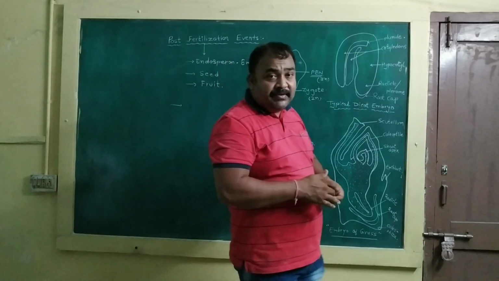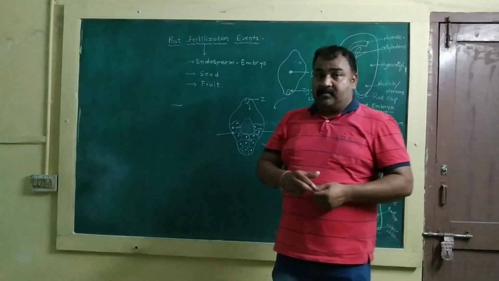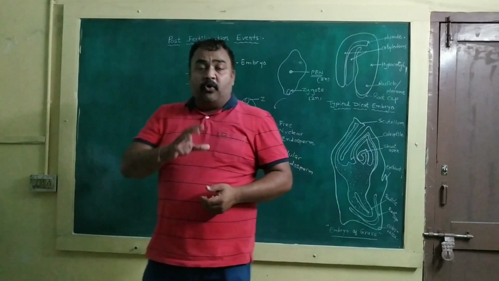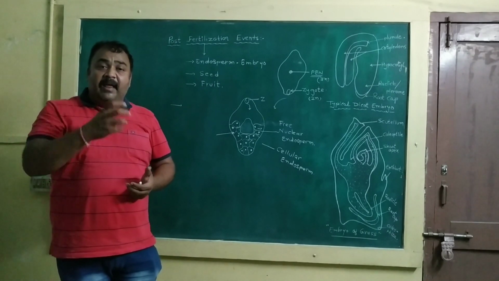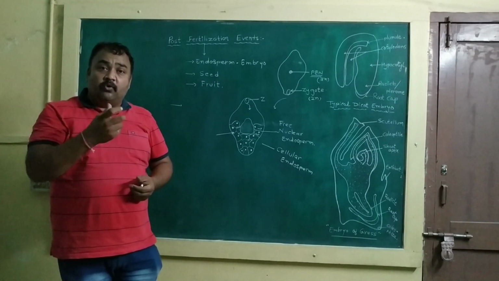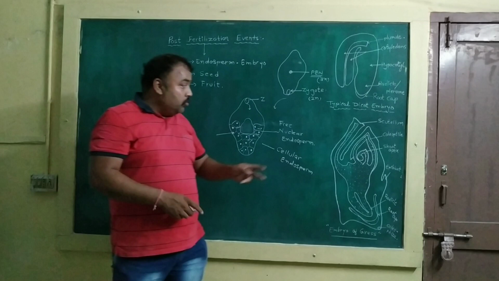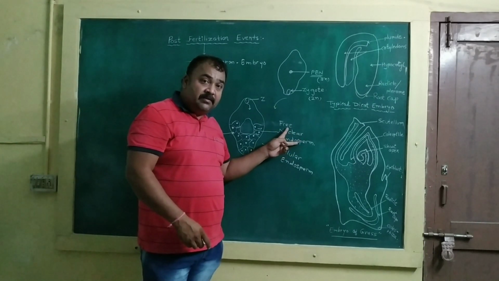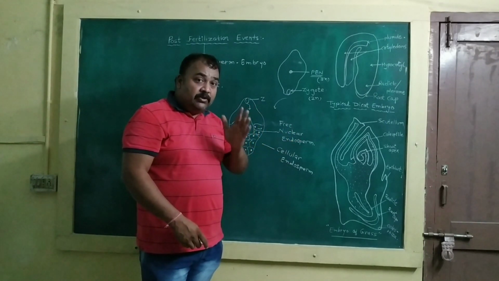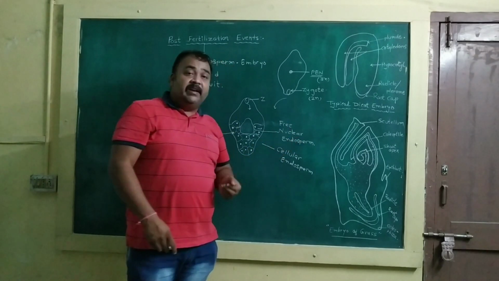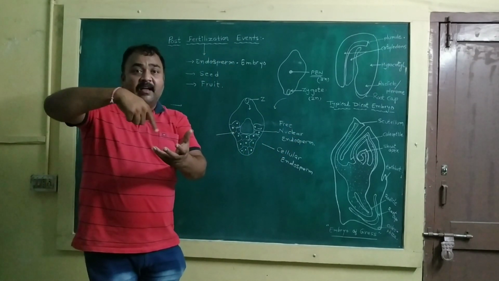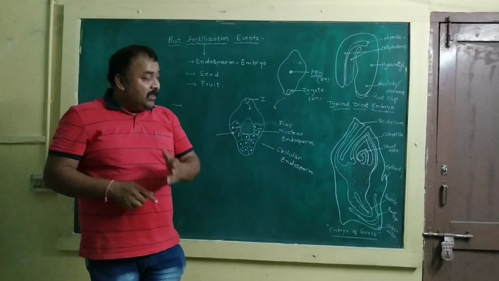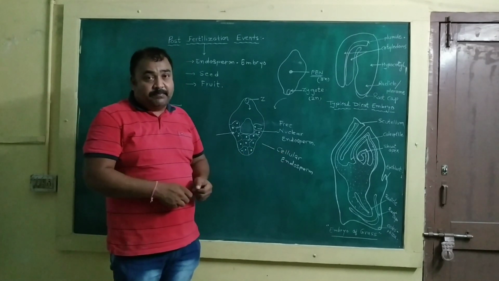I think you have seen the coconut. When we cut the coconut from inside, we are able to observe coconut water. Coconut water is the best known example of free nuclear endosperm, whereas the white kernel outside is the cellular endosperm.